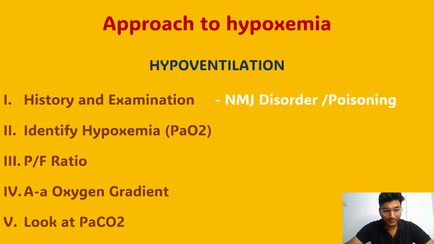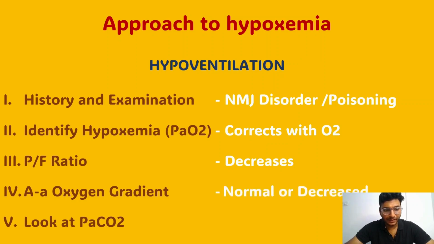In hypoventilation, the history will be like a patient having bradypnea, poisoning or snake bite, or neuromuscular disorder, and here also the hypoventilation corrects with oxygen, and there will be a low PF ratio, and the gradient will be normal or low because the ventilation is the problem affected, the membrane is intact.